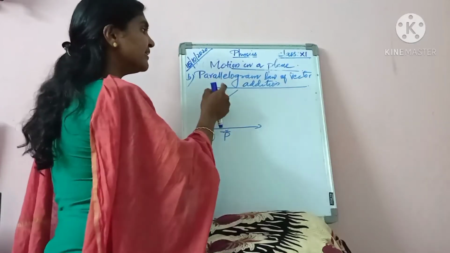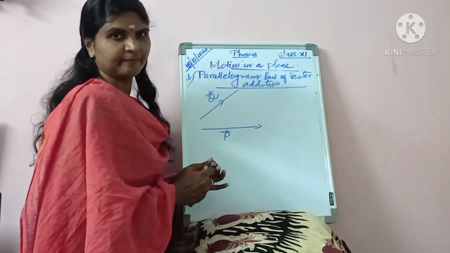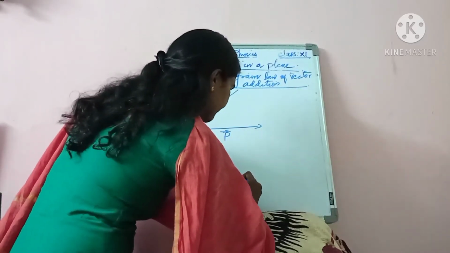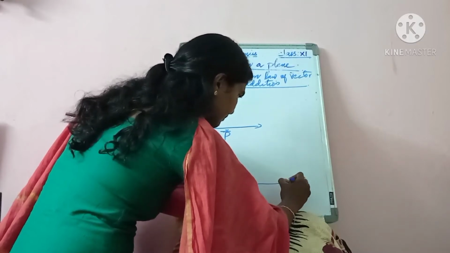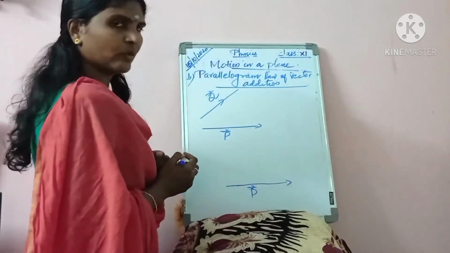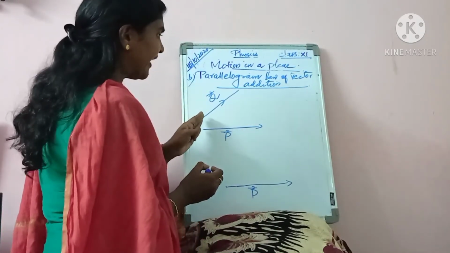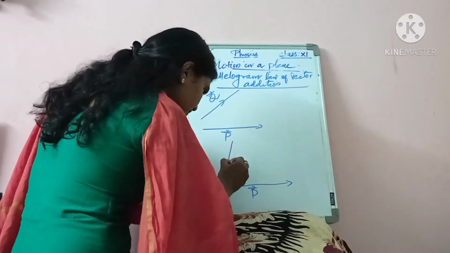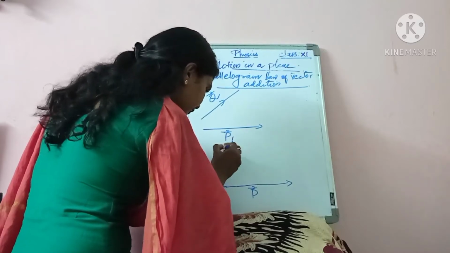First we draw the vector P, starting from here. From the same point, we draw the vector Q.